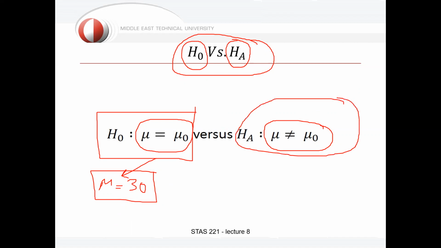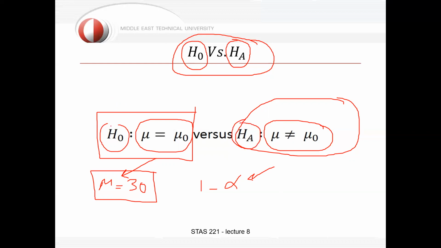So whenever you accept HA, you say we reject H0 with, for example, 1 minus alpha confidence level. So we will talk about them in detail. So what we are trying to do here is that we have H0 and HA, and we should finally accept one of them.